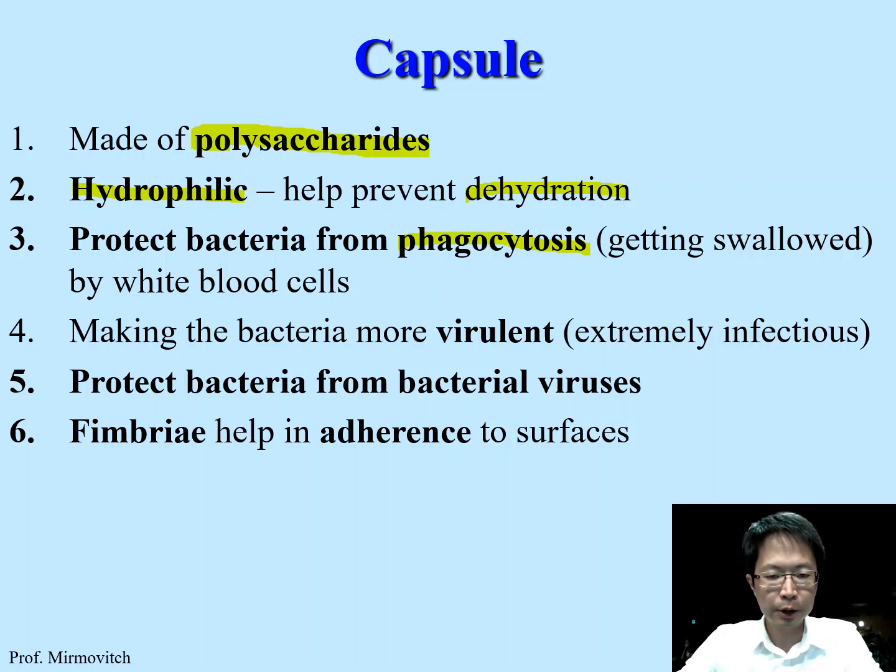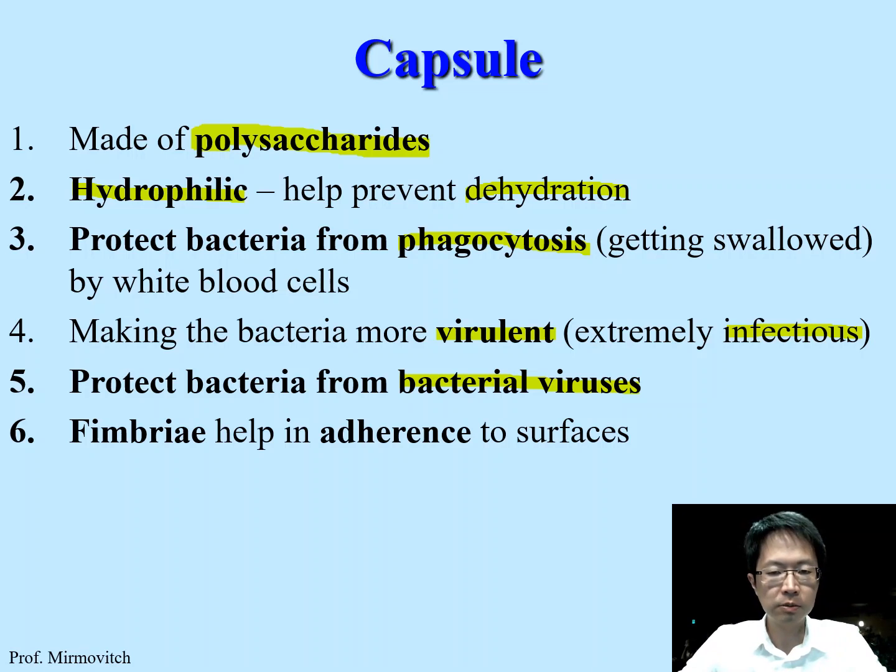And then it makes the bacteria more virulent. They are extremely infectious and difficult to kill. It is difficult to kill bacteria because they have a capsule that protects them. It also protects bacteria from bacterial viruses. Yes, some viruses can infect bacteria. We call them bacteriophages. Bacteriophages are the viruses that infect bacteria.